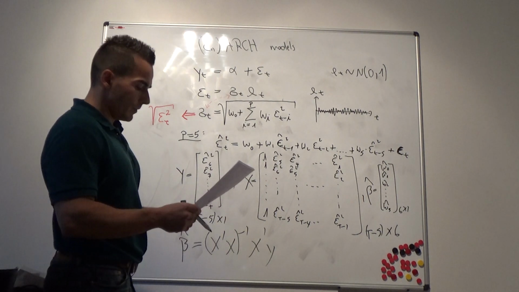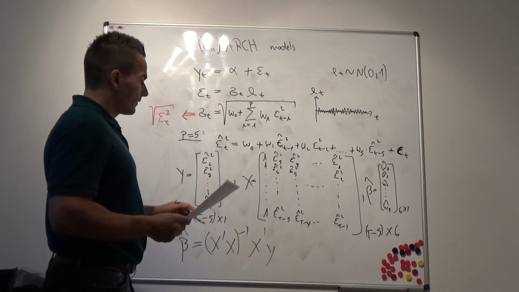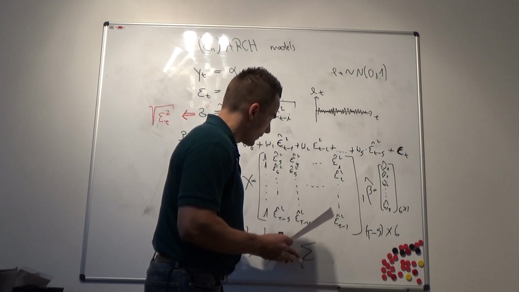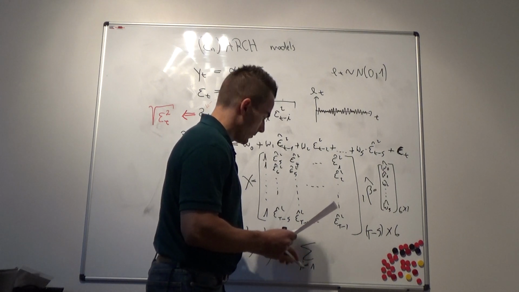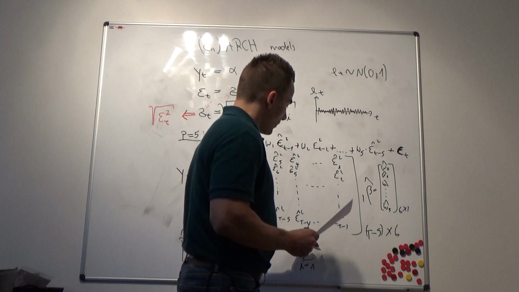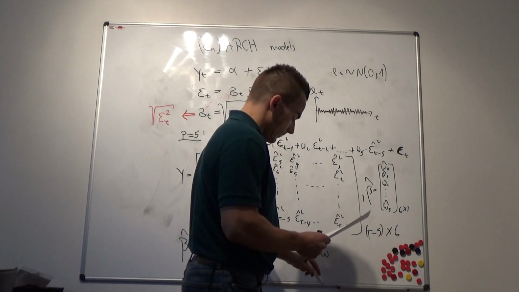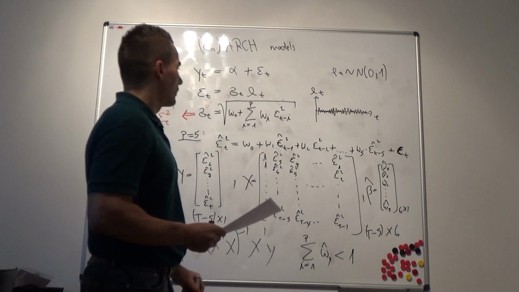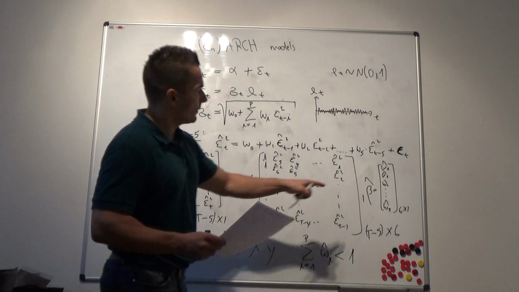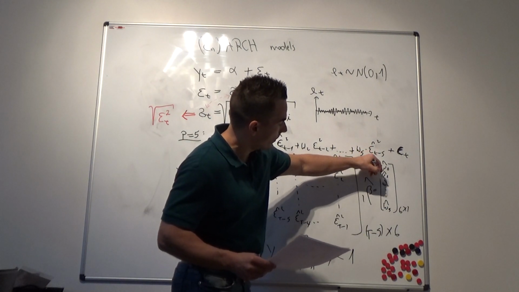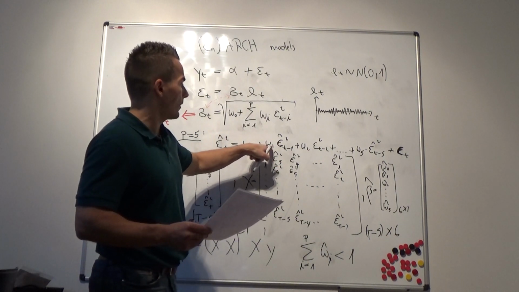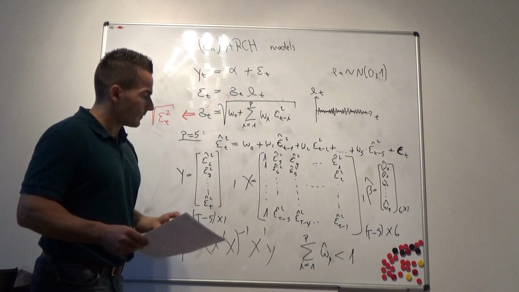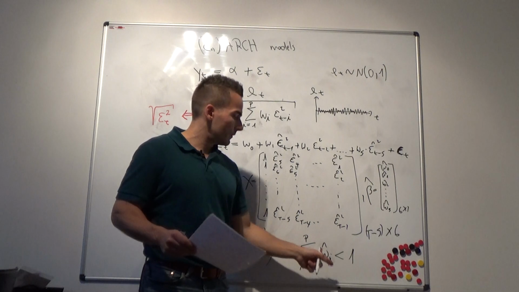Now what we have to bear in mind is the so-called stability condition. The stability condition means that the sum from i is 1 to capital P of our estimates, W hat i, should be smaller than 1. So if we sum up all of these elements from W1 to W5, the exposures against the past squared lagged residuals, it should be smaller than 1, because what would happen if this is larger than 1?